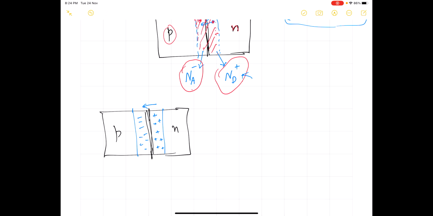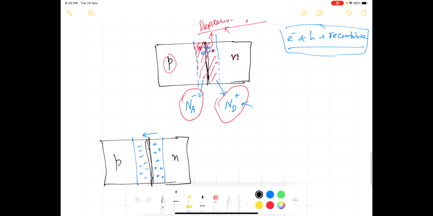Here this is p type, right? So it has a lot of extra holes, and n type means a lot of extra electrons. Obviously these electrons and holes are free to move, right? But this internal field will oppose their movement in the opposite direction.